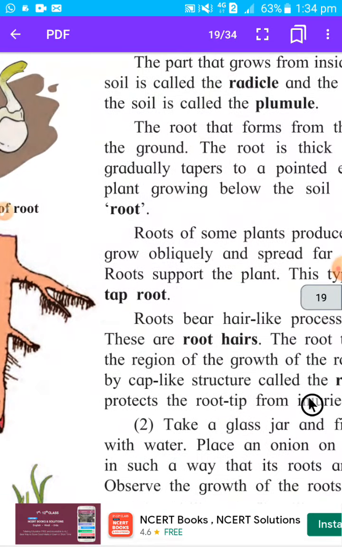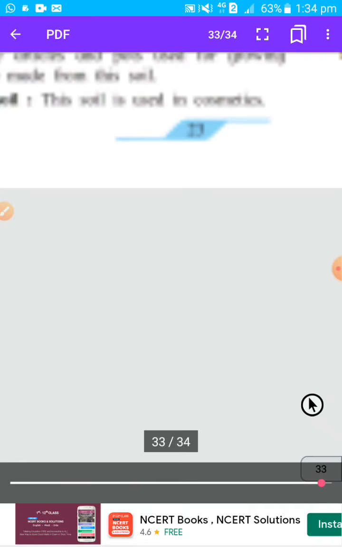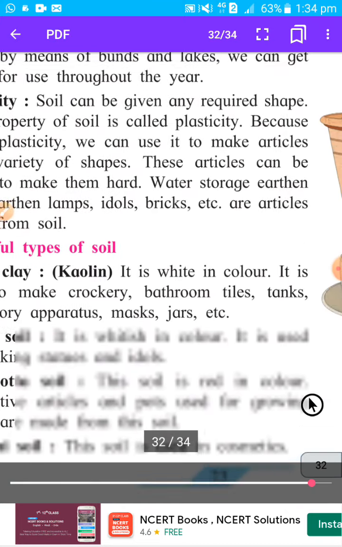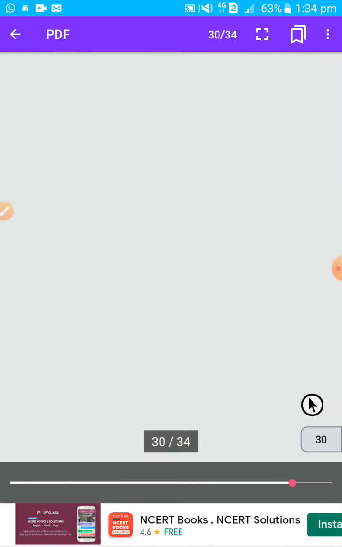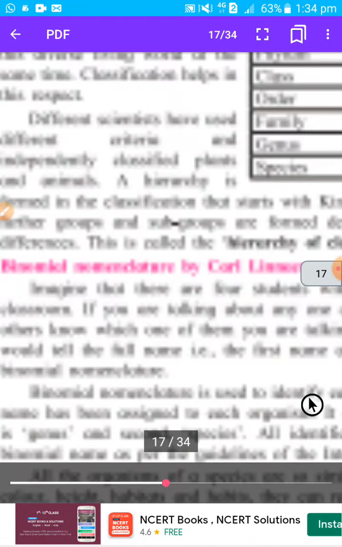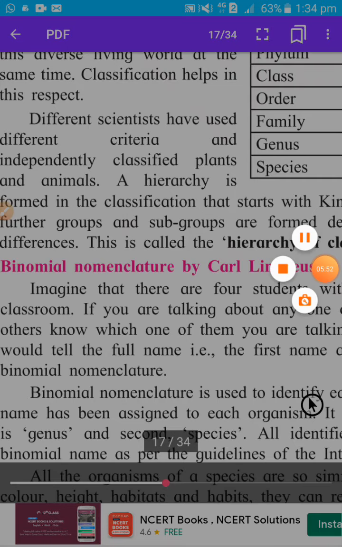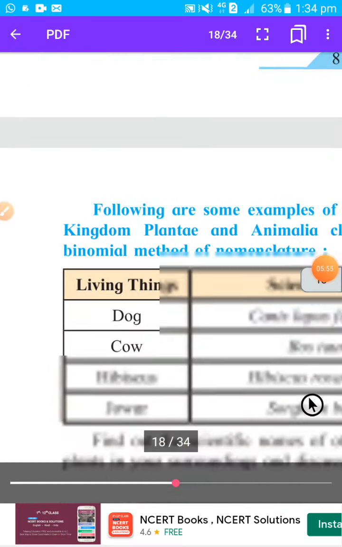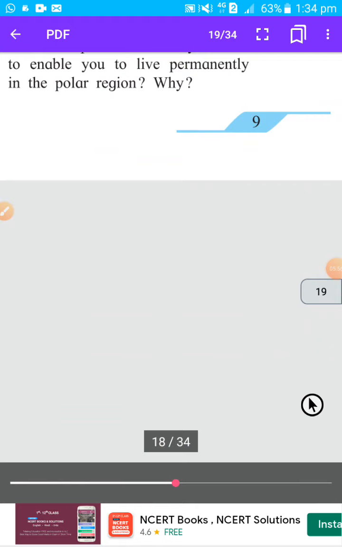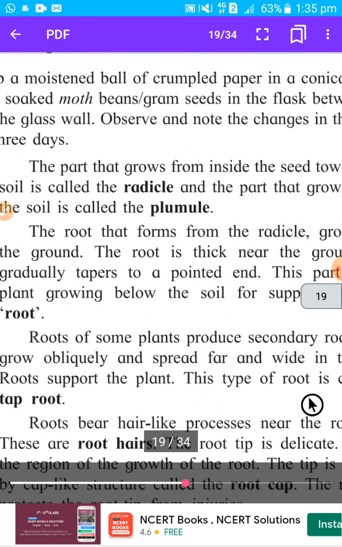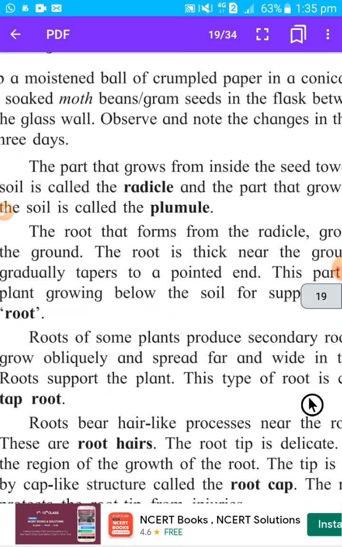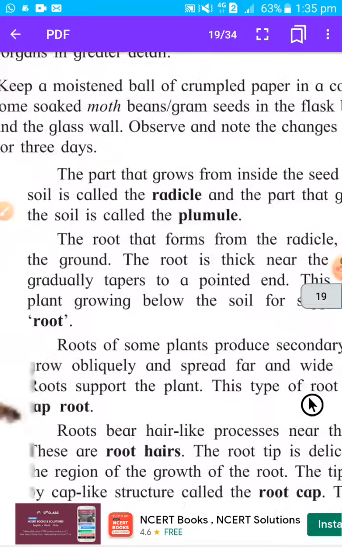This part of the plant growing below the soil, so this, the root that forms the radical grows into the ground.